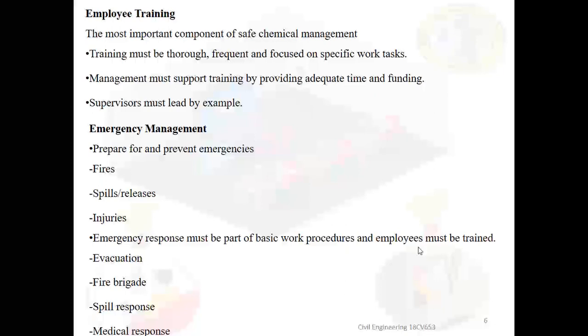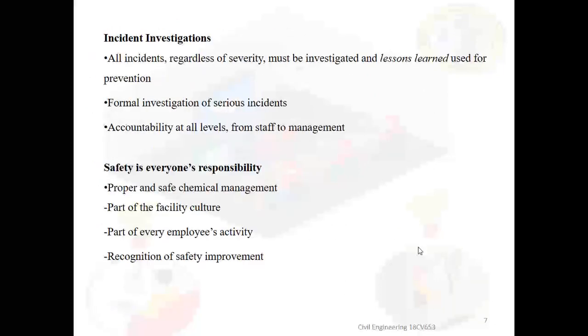There must be a basic work procedure, and the employees must be trained how to evacuate, how to get the fire brigade, how to respond to a spill, and how to get medical responses. So this is the emergency management which should be organized beforehand in chemical institutions or wherever chemicals are used intensively.